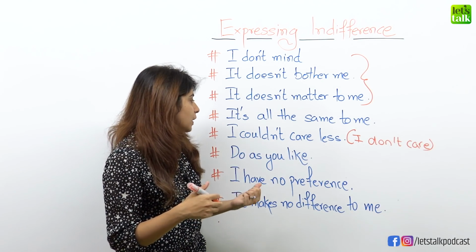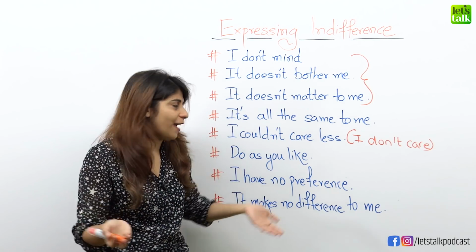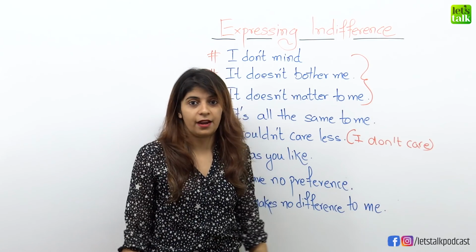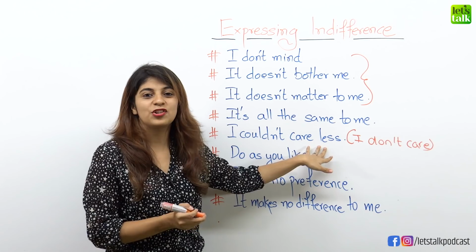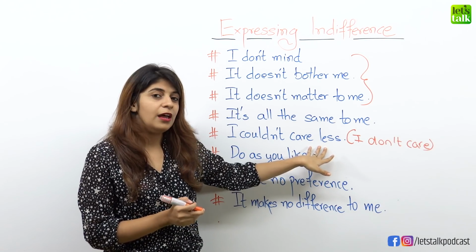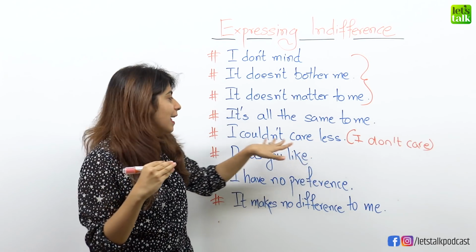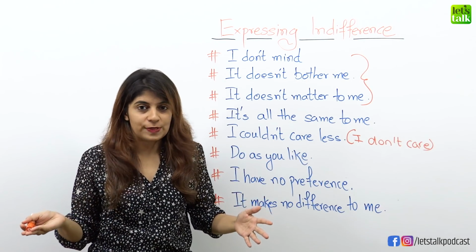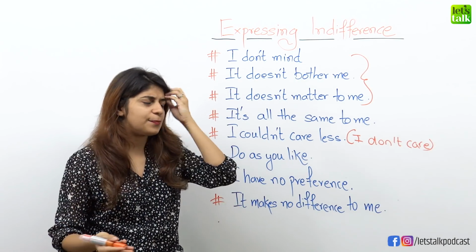So for example, like this one that I have for you, I couldn't care less, which actually means that I don't care. If you are using this expression, people might think that you are very rude. But if you use it in the right tone, then it's all right. You can use it. Now, in what kind of situations can you use this expression?